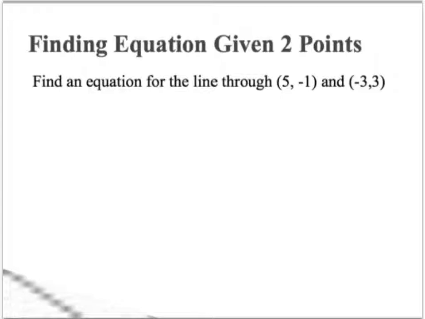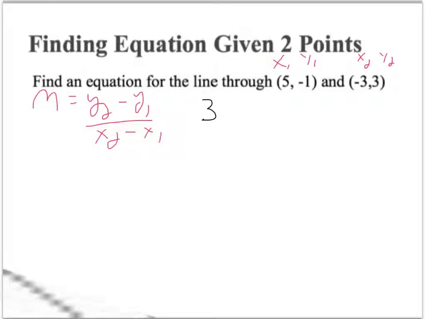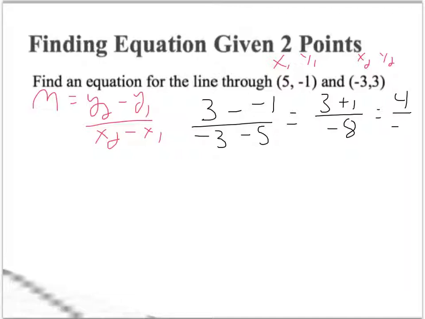So the first thing I'm going to do when I see this is label my points x1, y1, x2, y2. And I'm going to use the slope formula, y2 minus y1 over x2 minus x1. So when I do that, I now have 3 minus negative 1 over negative 3 minus 5, which is 3 plus 1 over negative 8, which becomes 4 over negative 8.